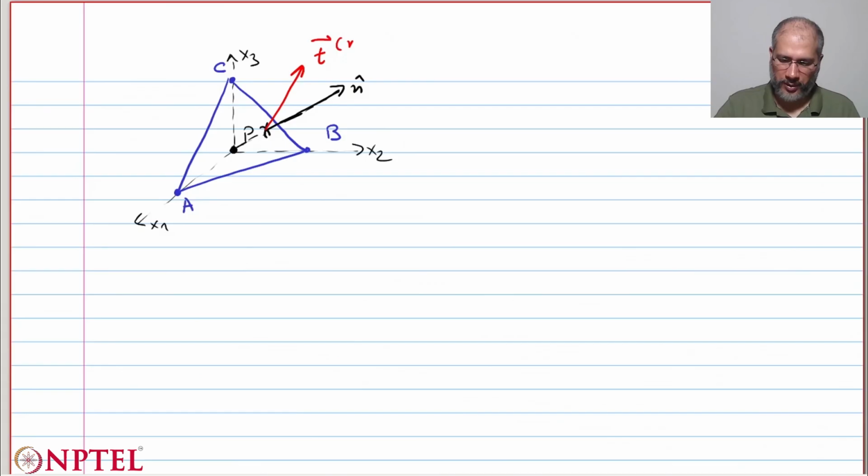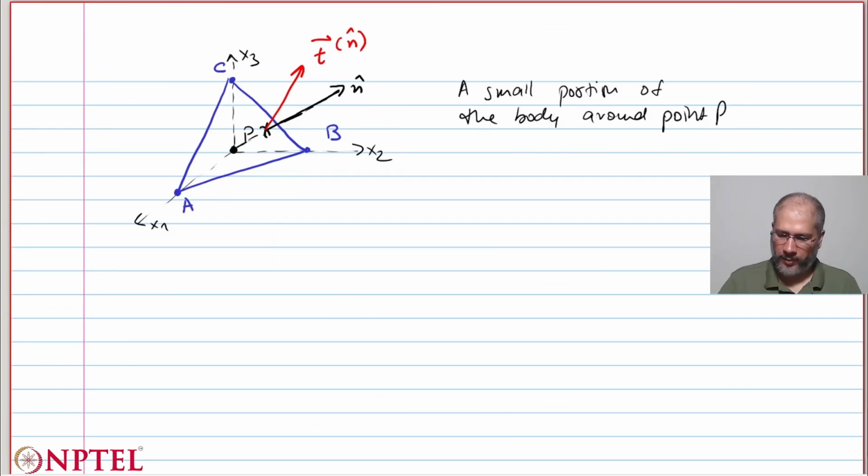We'll call this T n hat. And this tetrahedron that we have here is a small portion of the actual body that is under consideration. And this is around point P because we're interested in finding the relationship between T n hat and the other three T's at the point P.